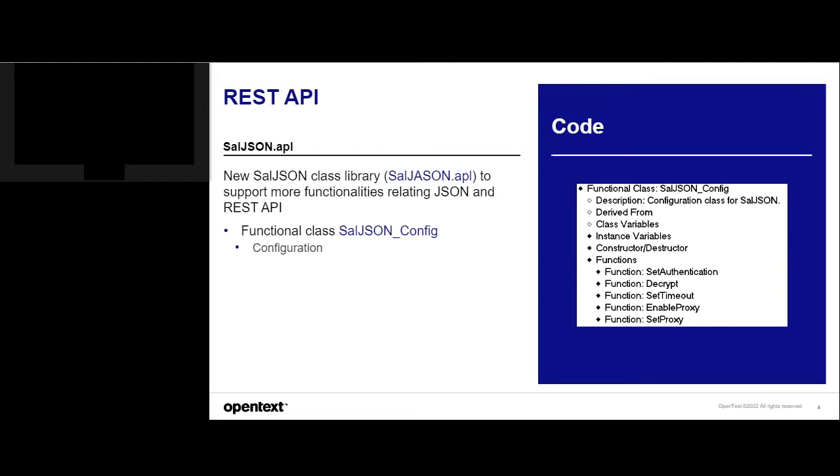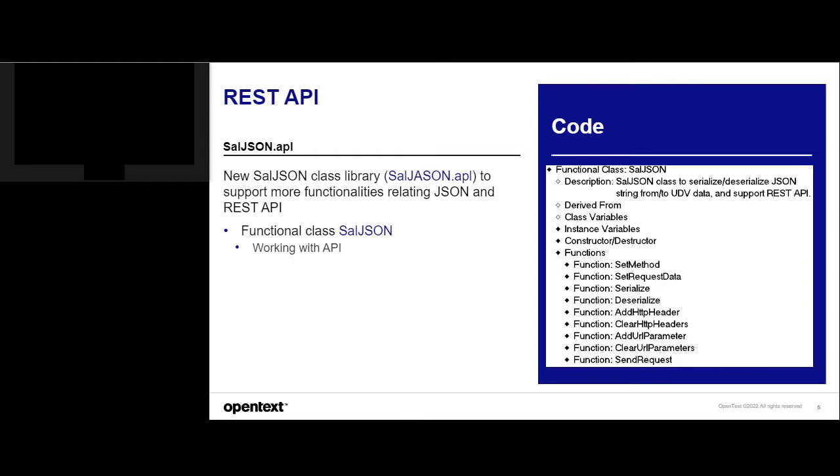The second functional class inside this sul.json APL is working with APIs, like set a method, set request data, serialize, deserialize, and other useful information.